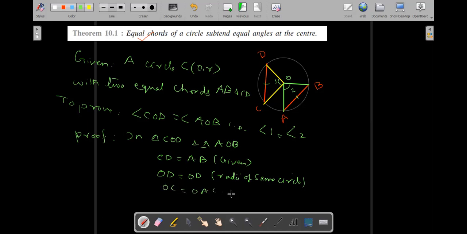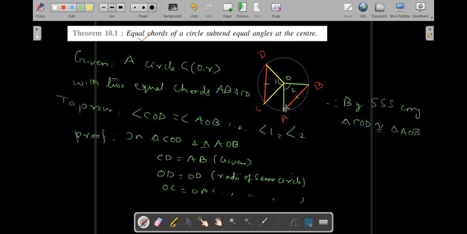The reason is the same. Therefore, by SSS congruency, triangle COD is congruent to triangle AOB.